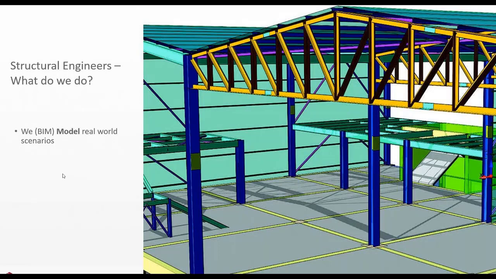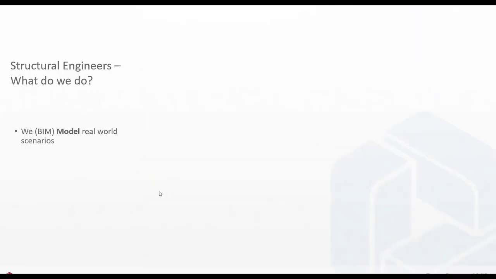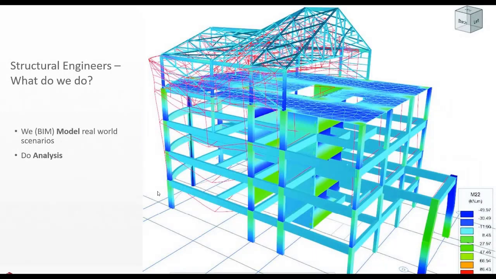So as structural engineers, what do we do really? As you are well aware, structural engineers, we wear multiple hats. First of all, we model the real life structures with BIM objects. So we try to model real world scenarios with loading, materials, and physical properties of the structure.